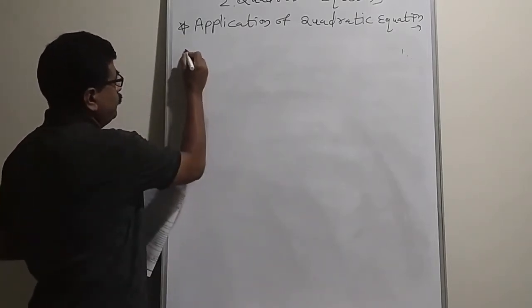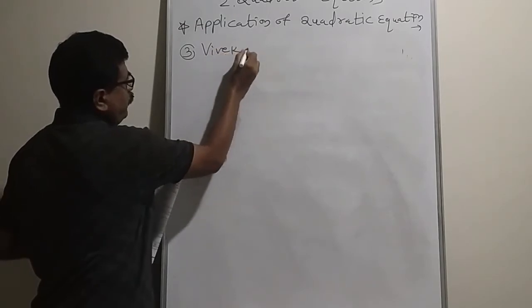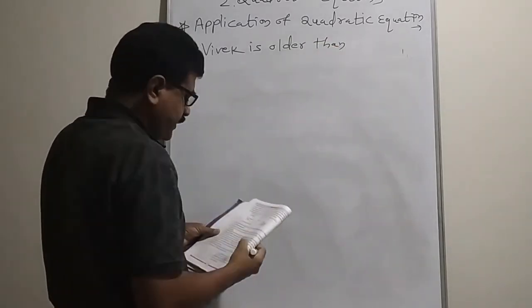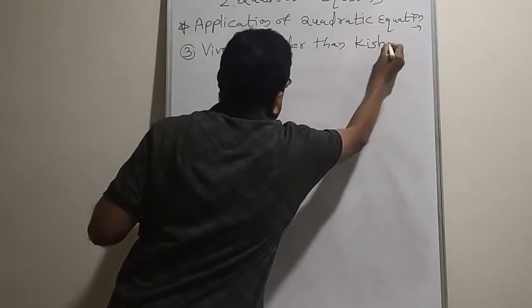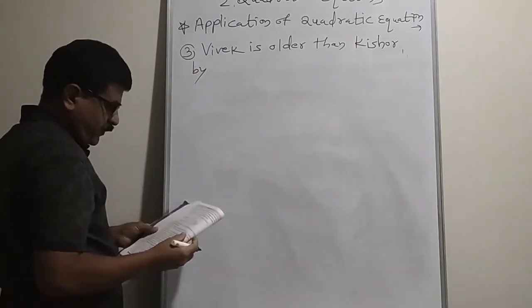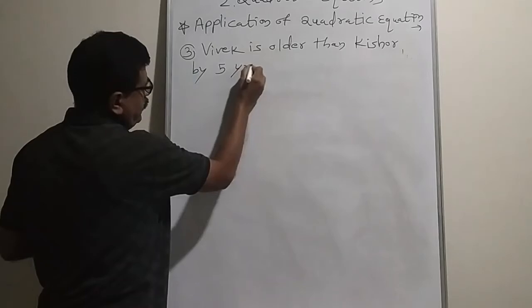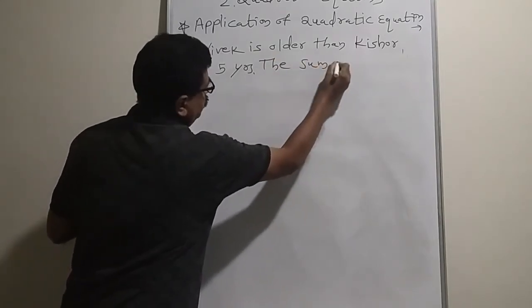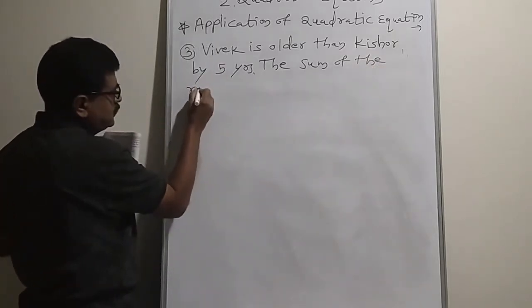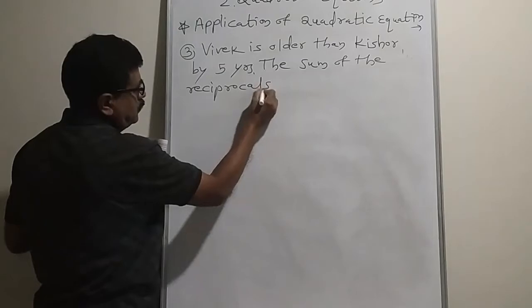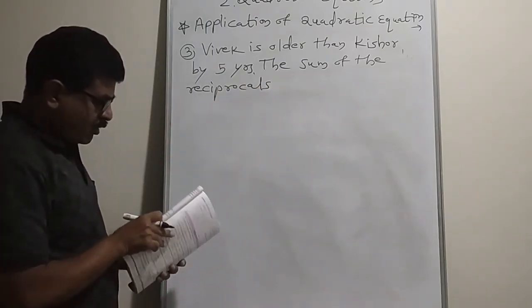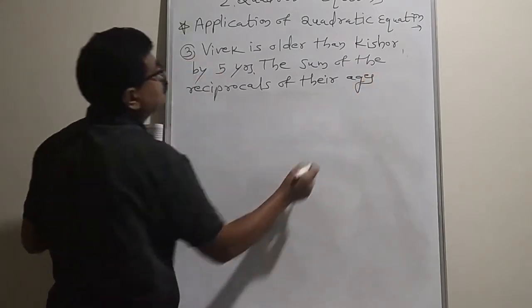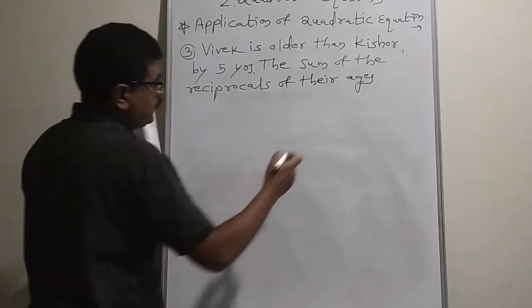Vivek is older than Kishore by 5 years. The sum of the reciprocals of their ages is 1 upon 6.